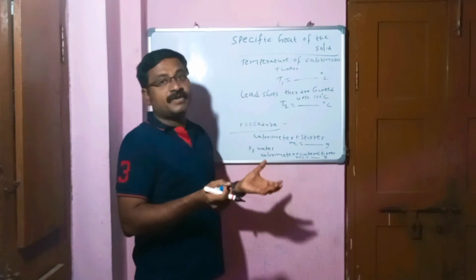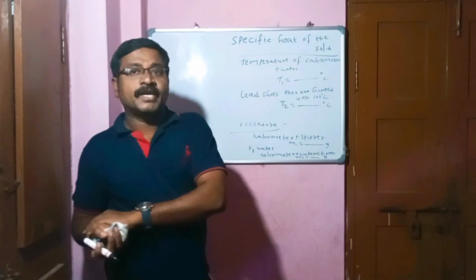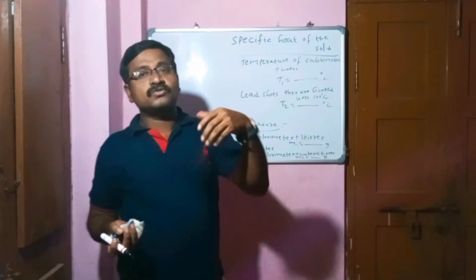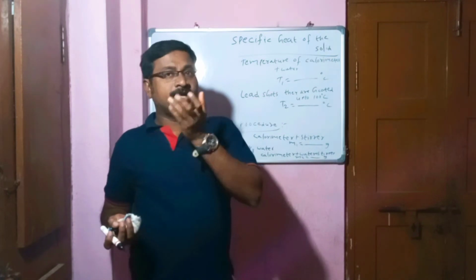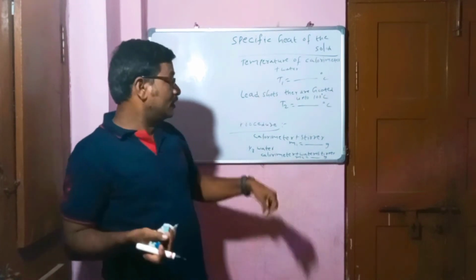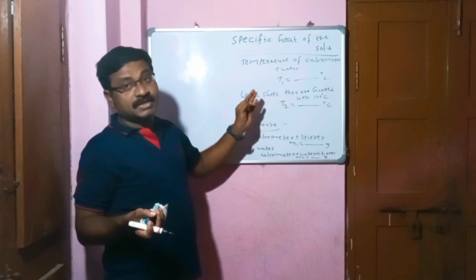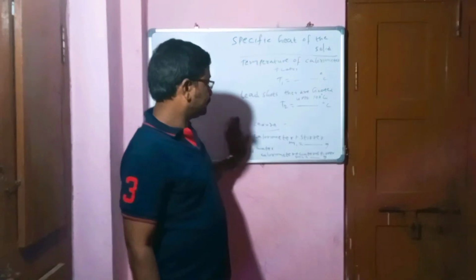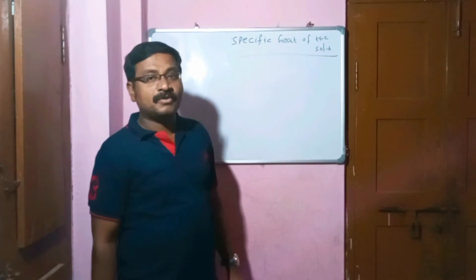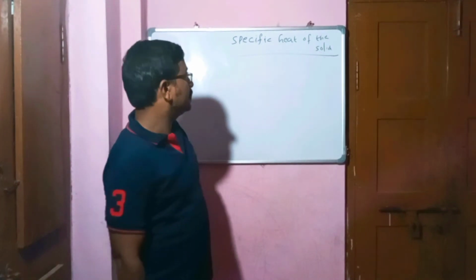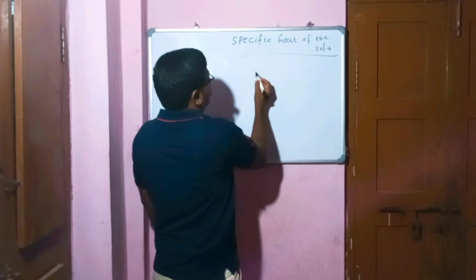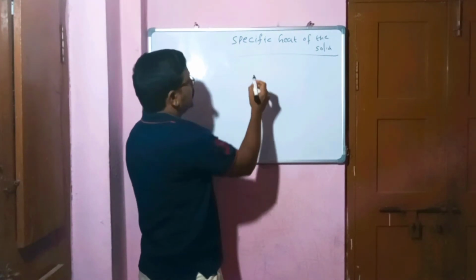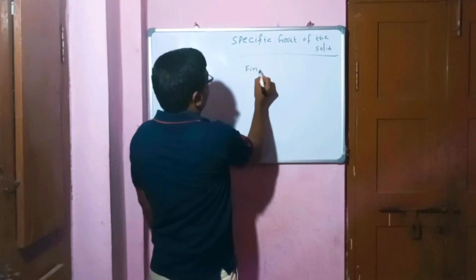These lead shards are quickly transferred to the calorimeter and water. Lead shards lose the heat and the calorimeter and water gain the heat. That is nothing but the principle of the method of mixtures. Next, the resultant temperature, the final temperature.